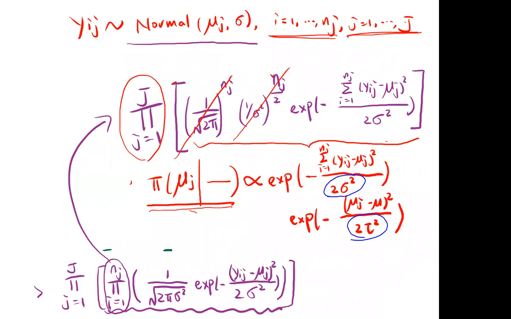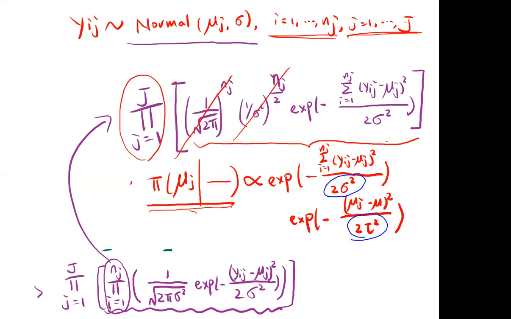I would suggest you expand the first term, and then you can throw away terms about yij only because they're the data. You have to keep the terms about mu j. Obviously, you're going to have terms about mu j squared and mu j, and you have both types in each of these exponential components. So keep them.